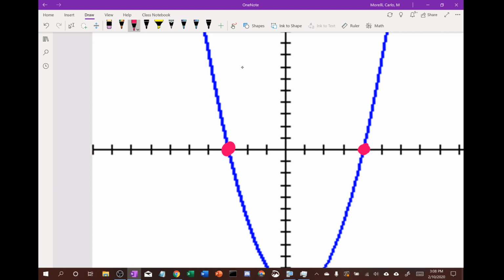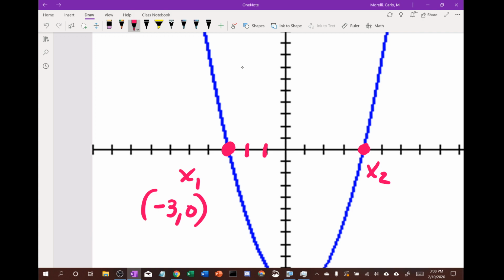So this is x1 and this is x2. What I need are the coordinates at these points. So you need to make sure that your calculator is showing this. So the way you do it is you just go, let's see, -1, -2, -3.